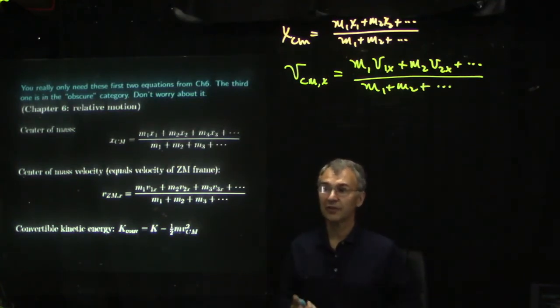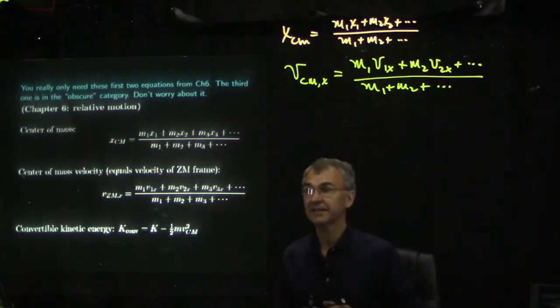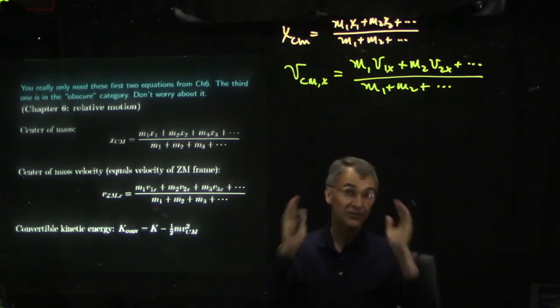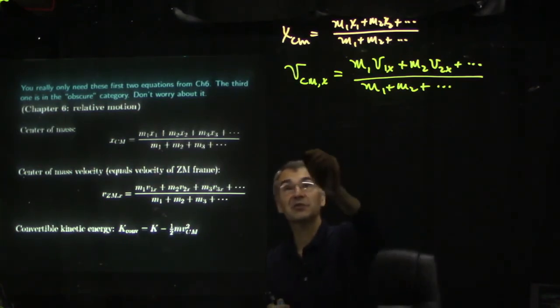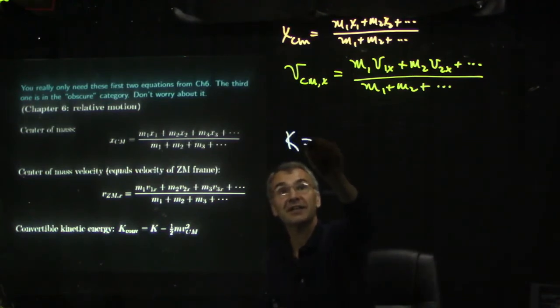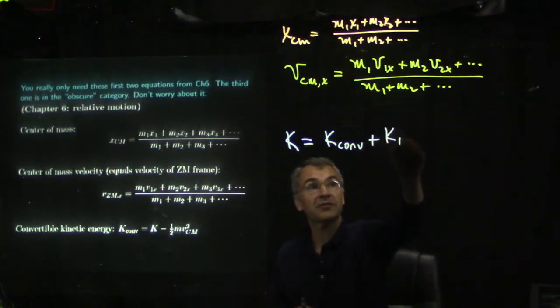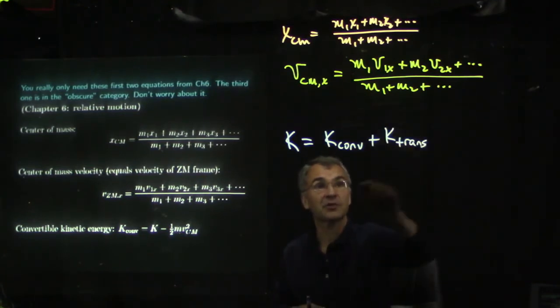So there is this third kind of obscure thing called the convertible kinetic energy. Again, you can cover your ears and stop listening if you like, but the kinetic energy has two parts. There's the convertible part, and then there's the, I think this is called the translational part.